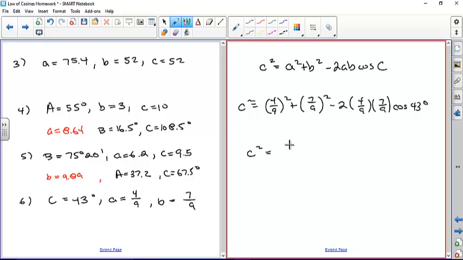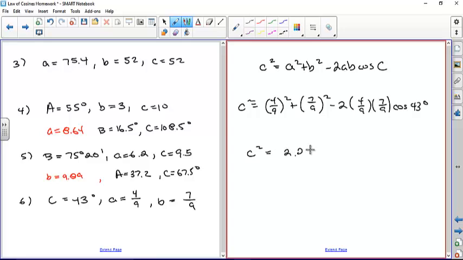So something's wrong because I got a negative, so let's go back and look at it. So 4/9 squared plus 7/9 squared. Oh, I see what here. 2 times, I gotta put a times in there. 2 times 4 divided by 9 times 7 divided by 9. Enter.